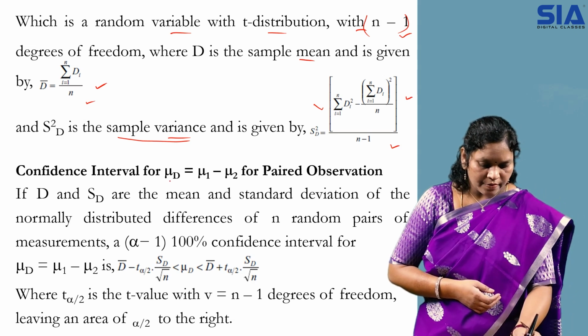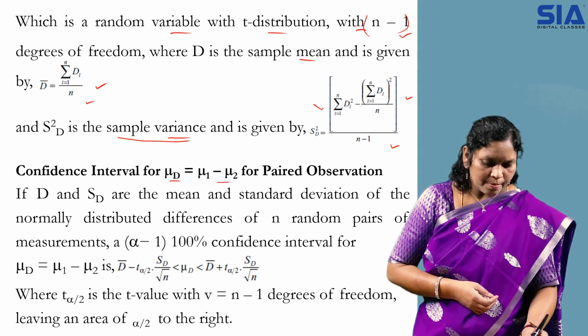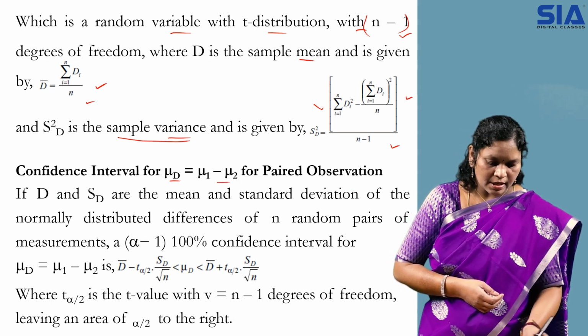So the confidence interval for mu d, that is mu1 minus mu2, for paired observations we are considering now.